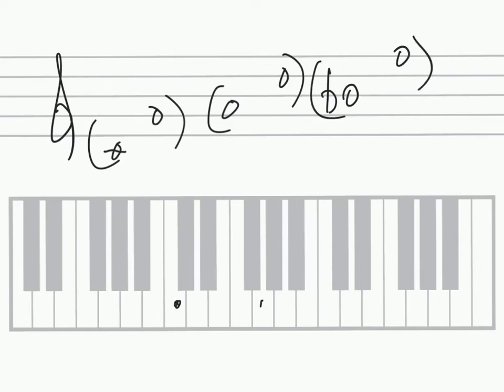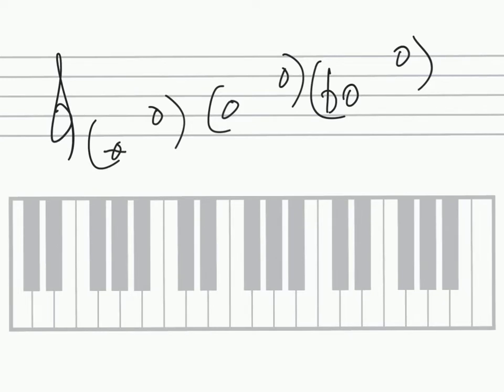So from C to G, that's a perfect fifth going up. So 1, 2, 3, 4, 5, 6, 7 half steps. Or if I were to go down to G, 1, 2, 3, 4, 5. Okay, let's erase all of those marks.